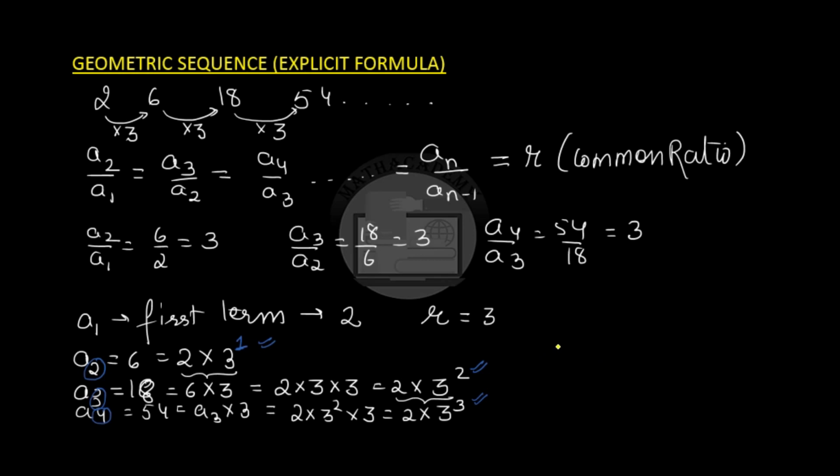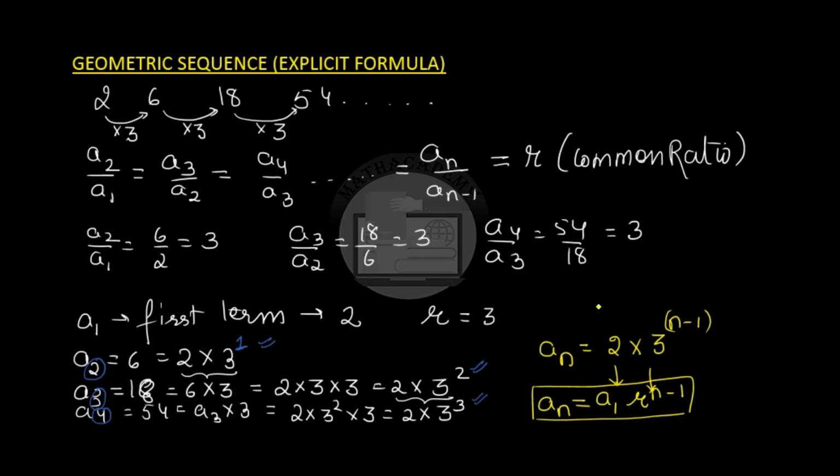So similarly, the nth term of the above sequence can be written as 2 times 3 to the power 1 less than the position, which is n minus 1. And 2 is nothing but a1 and 3 is nothing but r. So a1 times r to the power n minus 1 gives you the nth term of the series. This is the explicit formula.